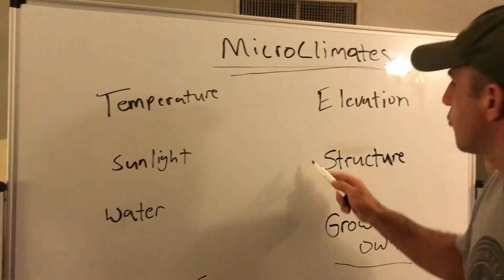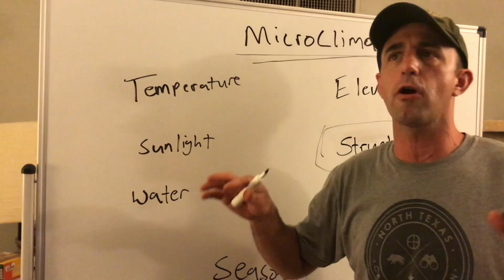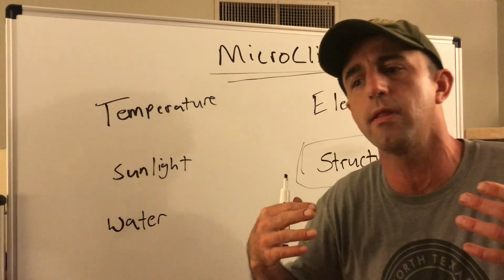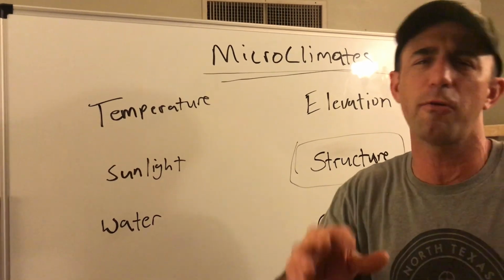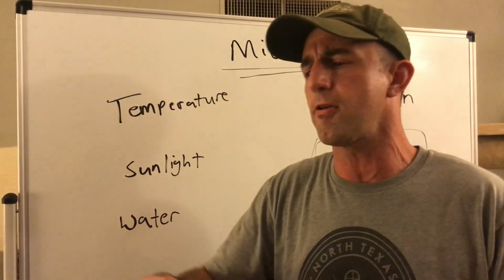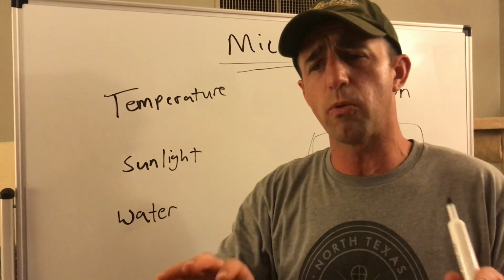Now, another thing is structure, okay? Structure is really big. A lot of people, when they come to me, say, oh, I want to do a greenhouse. And a greenhouse is great for about 2 or 3 months of the year in Phoenix specifically. If you were in Flagstaff or Minnesota or someplace else, those can be really helpful.